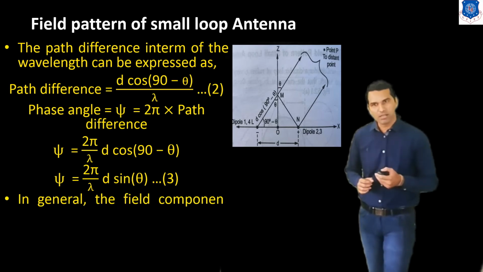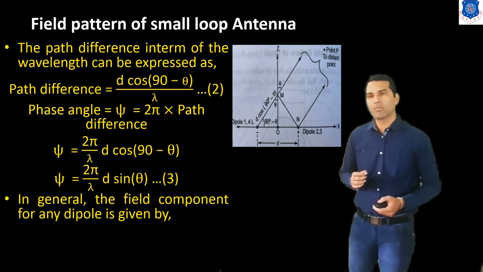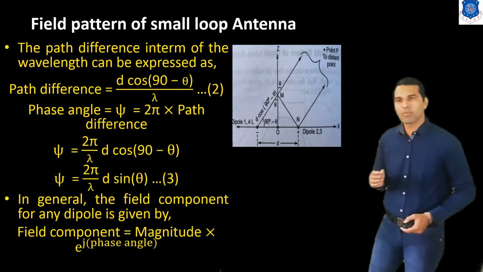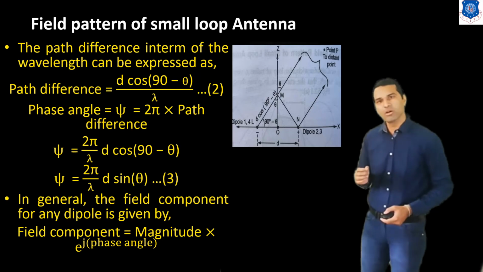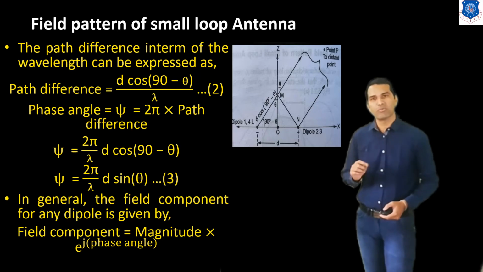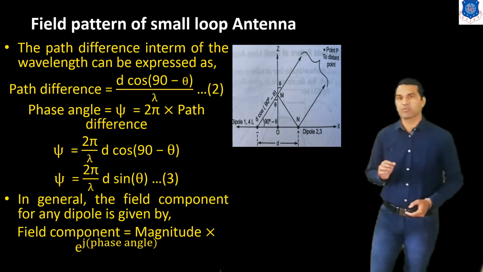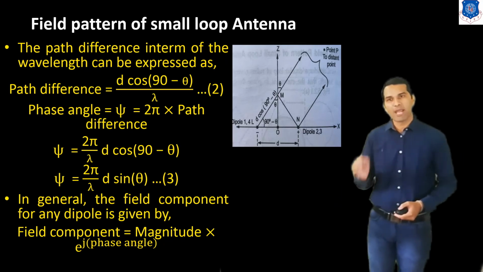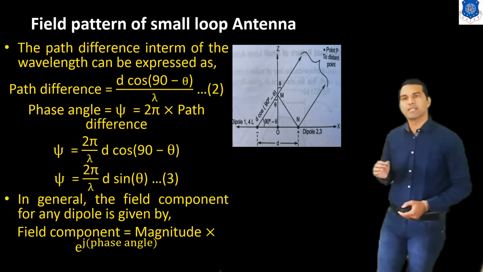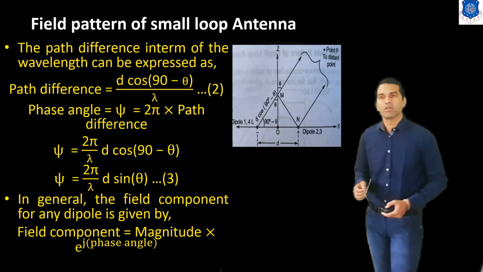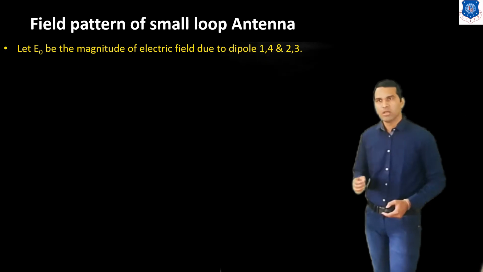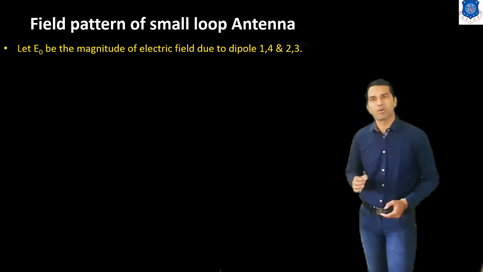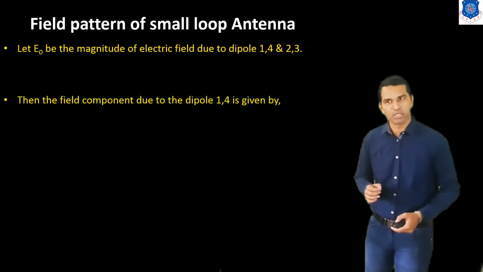Now in general, the field component for any dipole is given by the magnitude multiplied by e raised to j times the phase angle. This is the general equation for the field component of the dipole. Let E0 be the magnitude of the electric field due to dipoles 1, 4 and 2, 3.